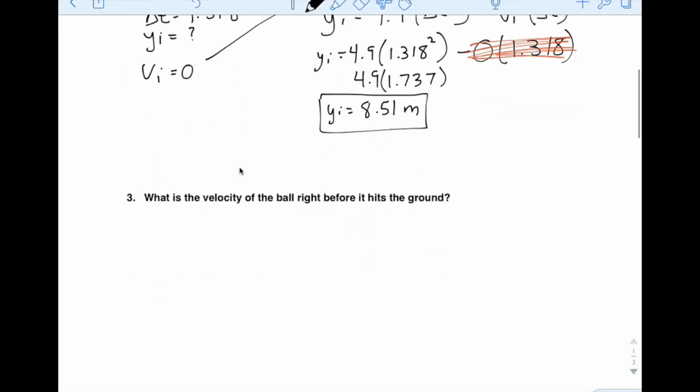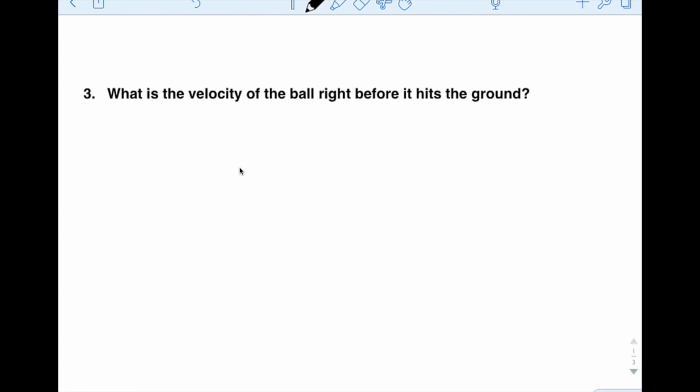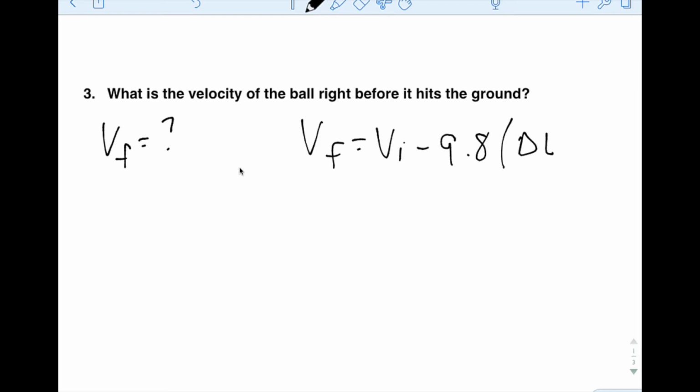All right, now number 3, what's the velocity of the ball right before it hits the ground? Okay, so I'm looking for final velocity here. So VF, that's my question mark. So I know I'm going to use the VF equation. VF equals VI minus 9.8 delta T. Well, VI, I know that was 0.